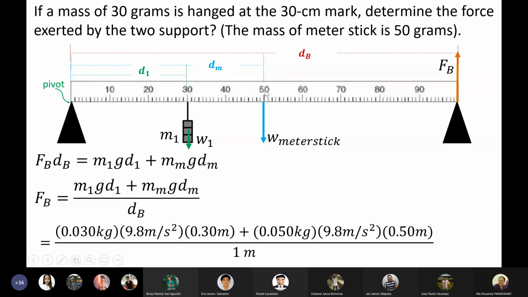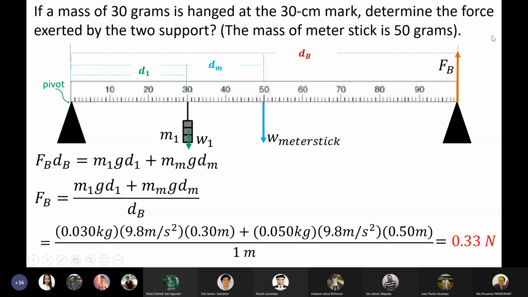So this is the distance from the pivot to the center of the meter stick. While si FB, siya ay nasa dulo, kabilang dulo ng ating meter stick. So that is 1 meter. Okay? And the answer here is 0.33 Newton. So, ang force ni FB rather is 0.33 Newton.